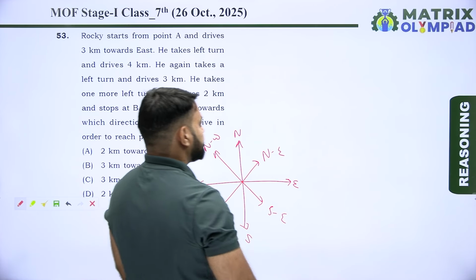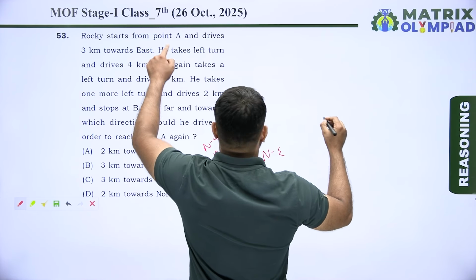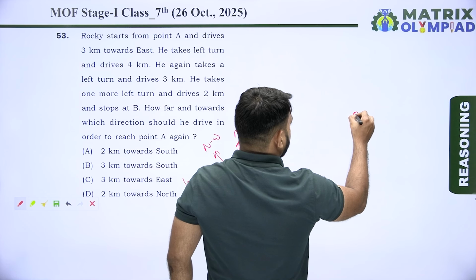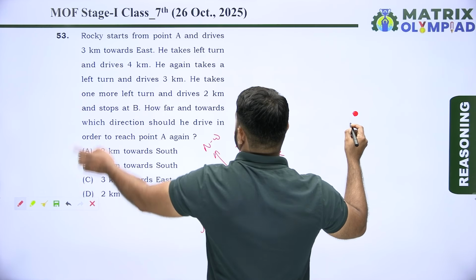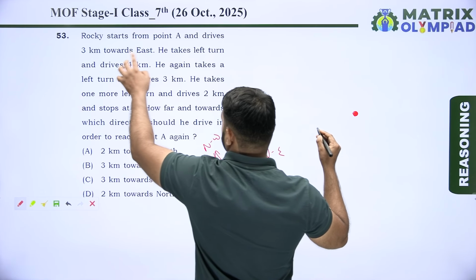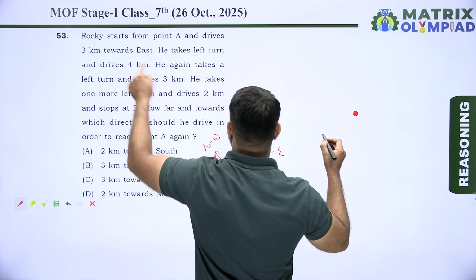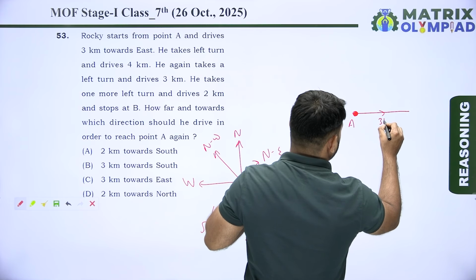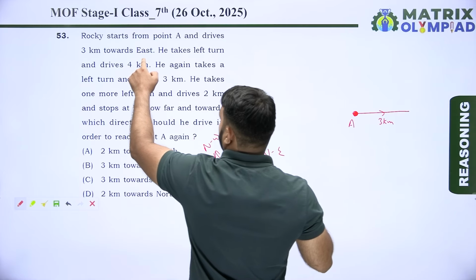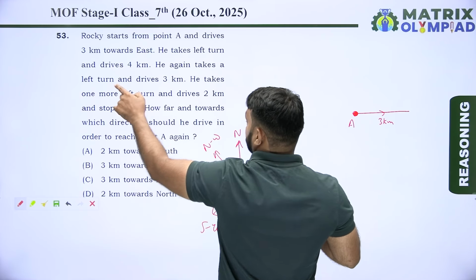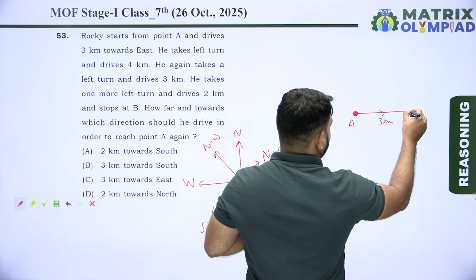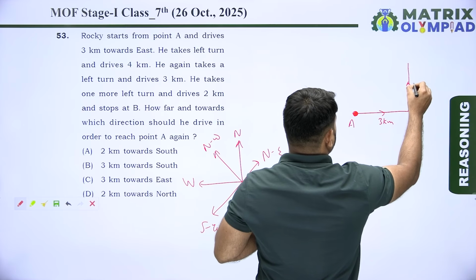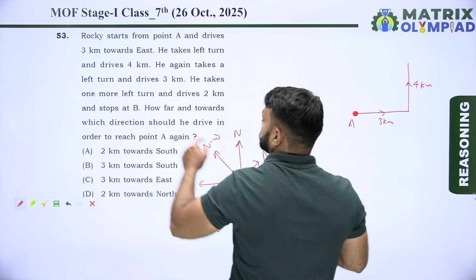Now the question is, Rocky starts from point A. A is the starting point of Rocky. Rocky starts from point A and drives 3 km towards east, and then takes a left turn and drives for 4 km.